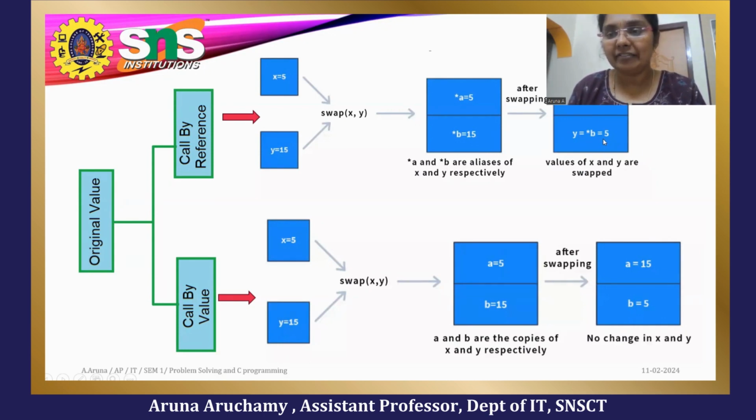You are not changing the variable itself. So now the swapping has taken place: x contains 15 and y contains 5. The values are swapped. This is how call by reference is used.